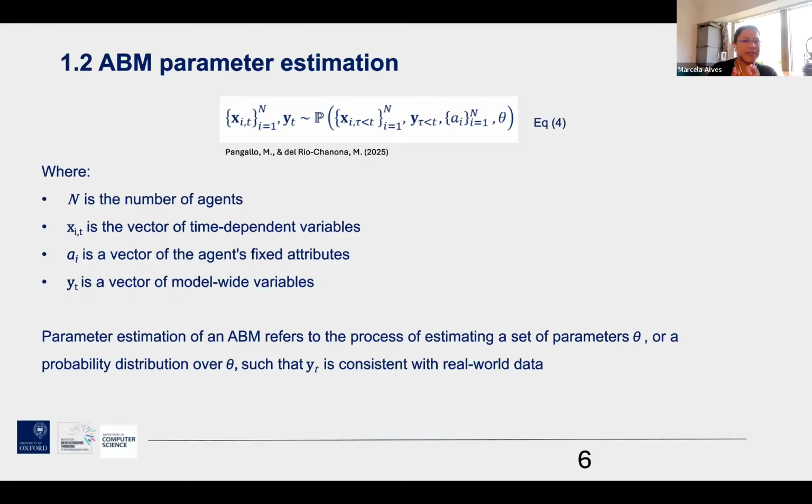In simple words, parameter estimation of ABMs is the process of estimating a set of parameters, or a probability distribution of those parameters, such that this I, the output of our ABM, is consistent with real world data.